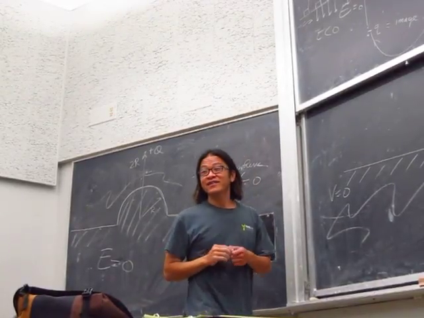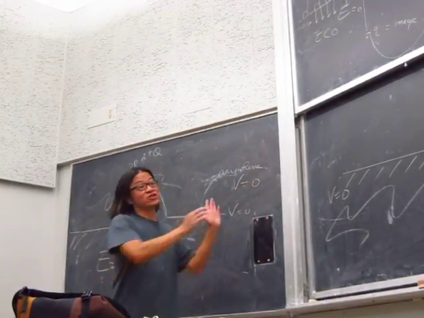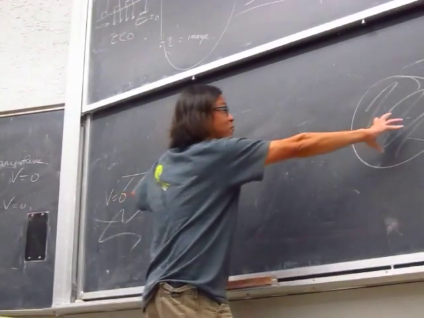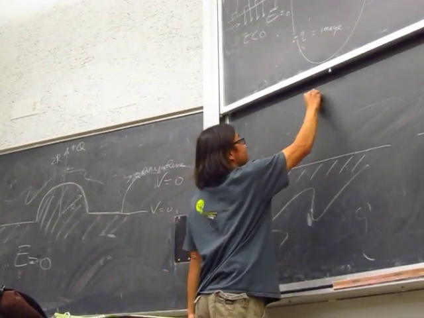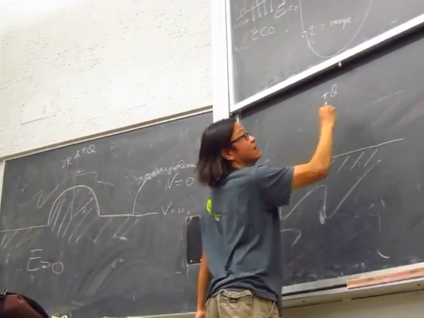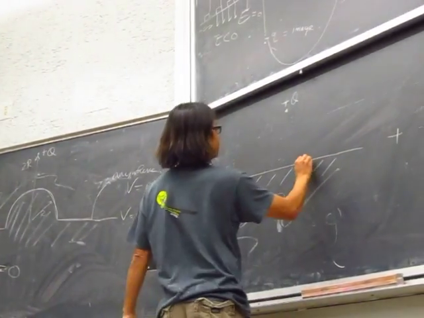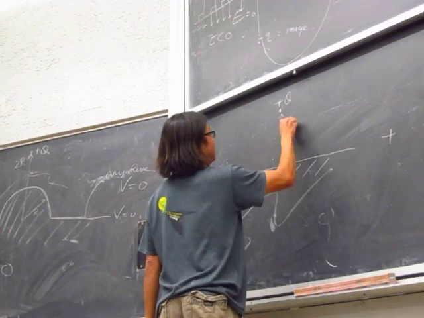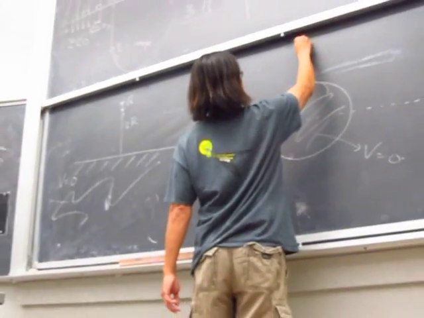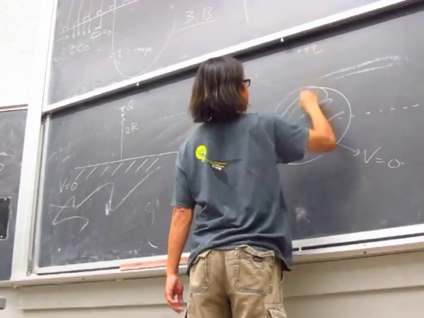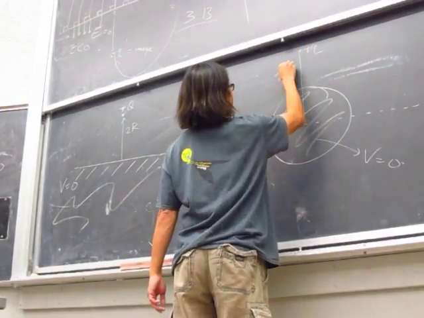So I just have to find a solution that I can superpose, by having a plus q here at 2r, and another plus q here, also at 2r.